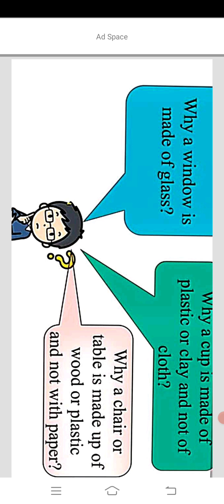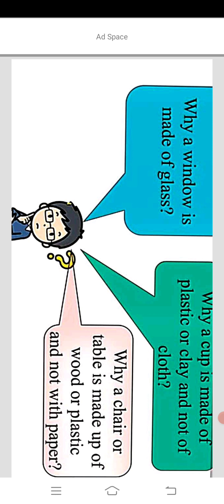As cloth has tiny pores in it, it cannot hold the liquid. So, cloth cannot be used for the making of a cup. But plastic or clay have this property to hold the liquid. So, plastic or clay can be used for making a cup. Clear?